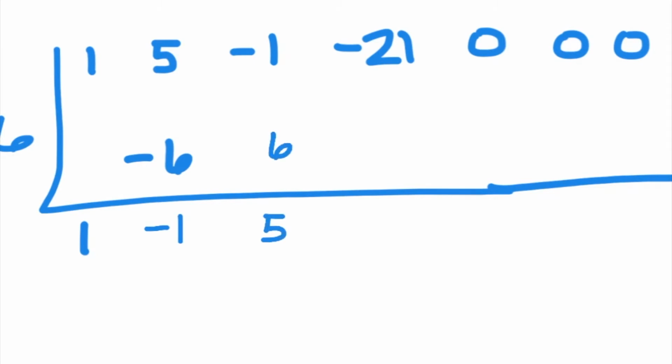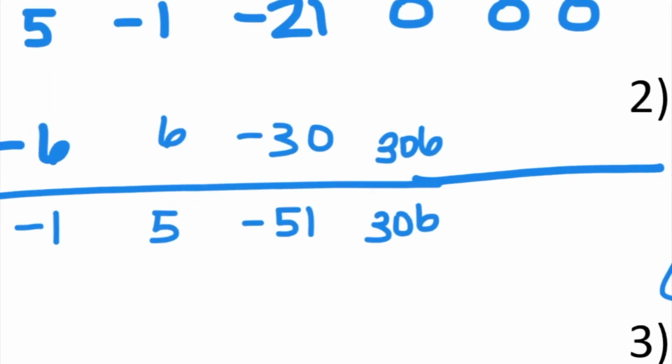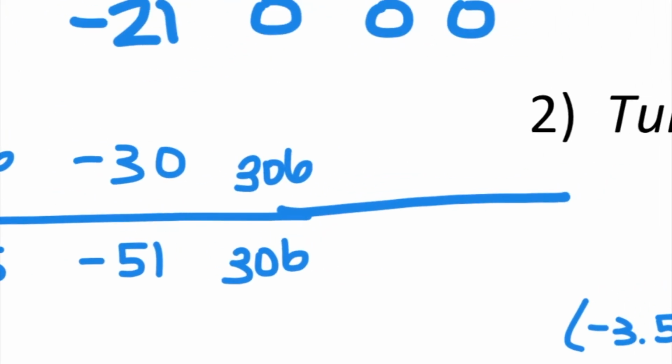5 times negative 6 is negative 30. Negative 21 and negative 30 is negative 51. Negative 51 times negative 6 is positive 306. 0 plus 306, 306. Times negative 6 is negative 1,836.